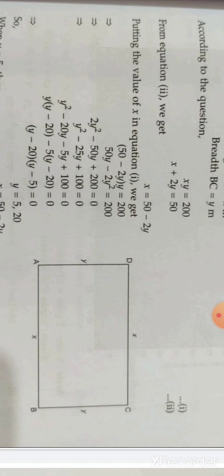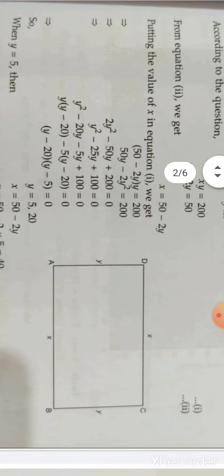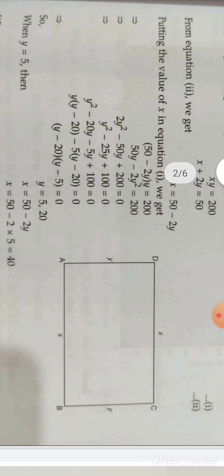Taking 2 common all over and dividing by 2, we get y square minus 25y plus 100 is equal to 0. Now we have to factorize this by taking the factors of 100 to get the middle term minus 25. So y square minus 20y minus 5y plus 100 is equal to 0.